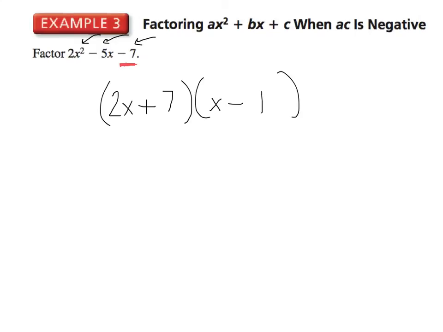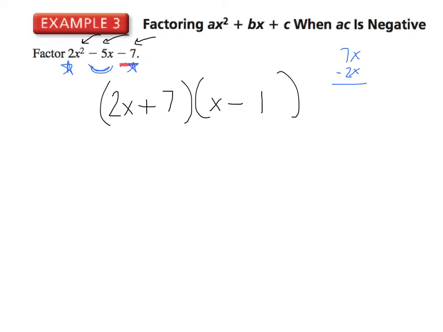Once again, we always know that my first and last terms are correct, but we check that middle term. Do I get a negative 5x? I don't. My inside terms multiply to give me 7x. My outside terms, negative 2x. That gives me positive 5x.